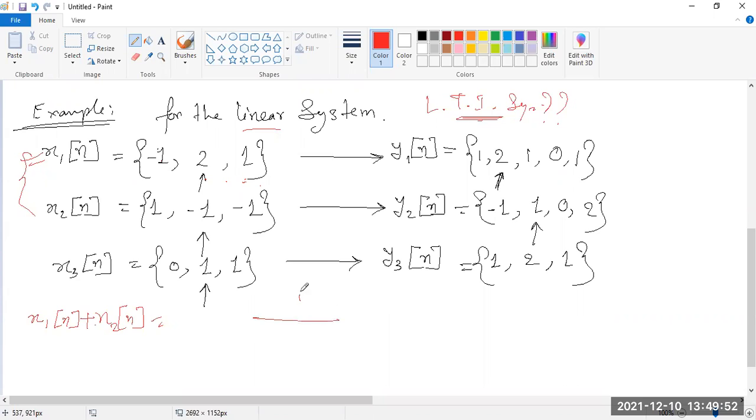Say this is your term, then x1 is -1 and 2. Here only 2 is there, here it is 1.